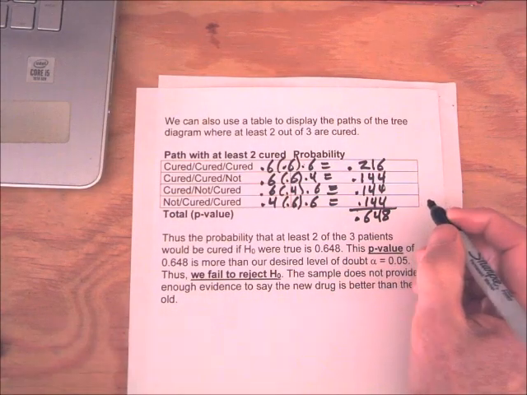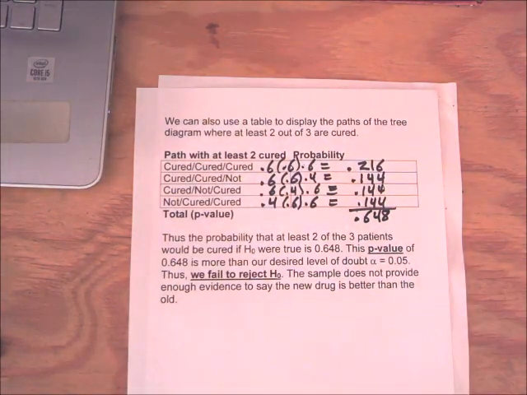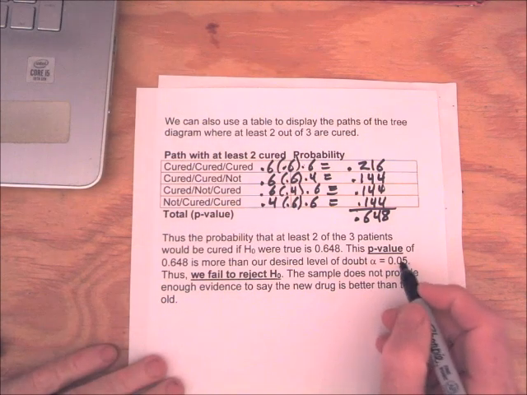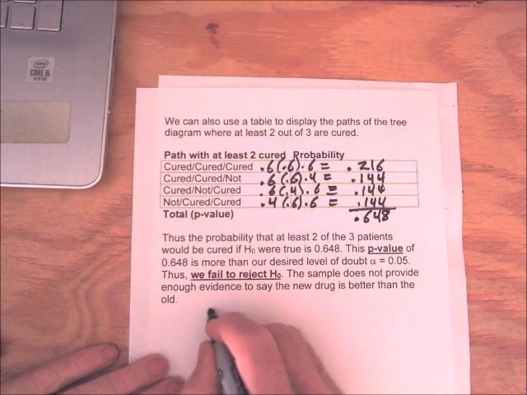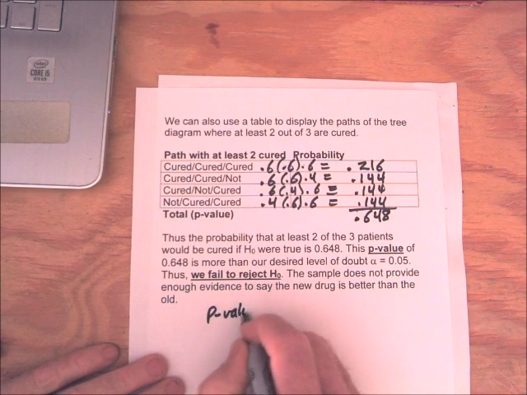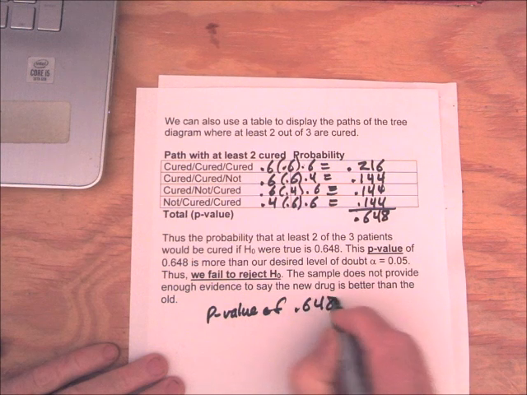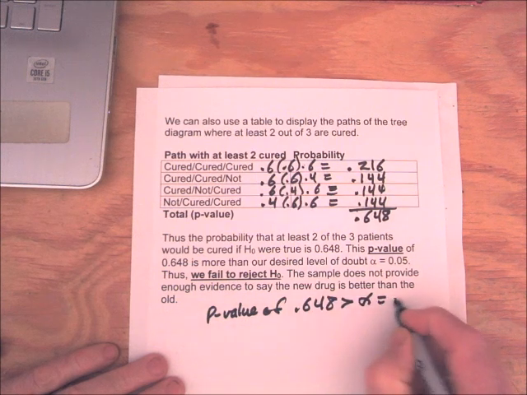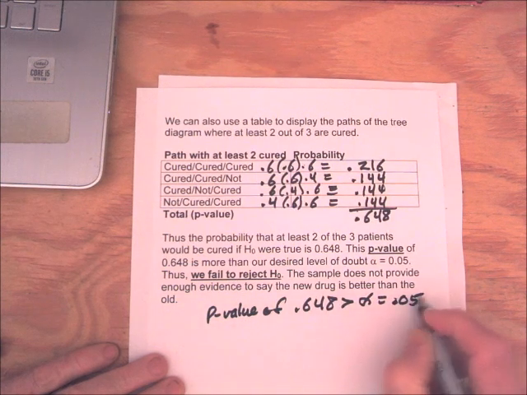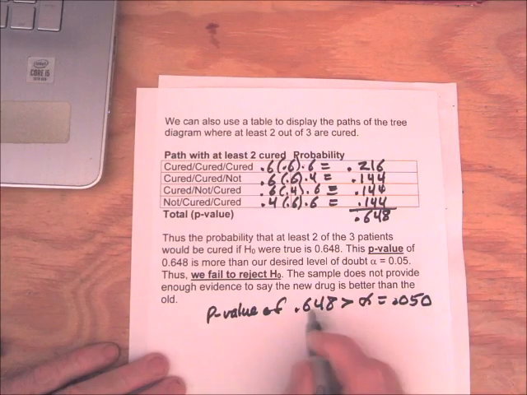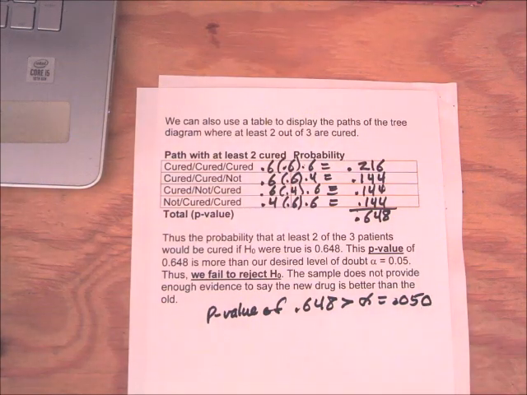Okay, so this p-value is more than our desired level of doubt, which is 0.05. So the p-value of 0.648 is greater than alpha, which is 0.05. It might help to add an extra 0 so we have the same number of digits. It makes it easier to compare.